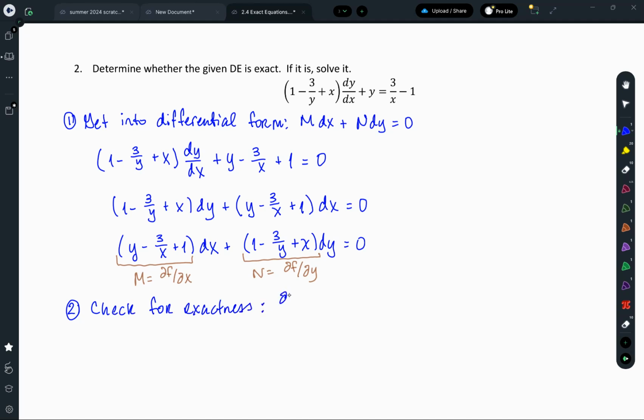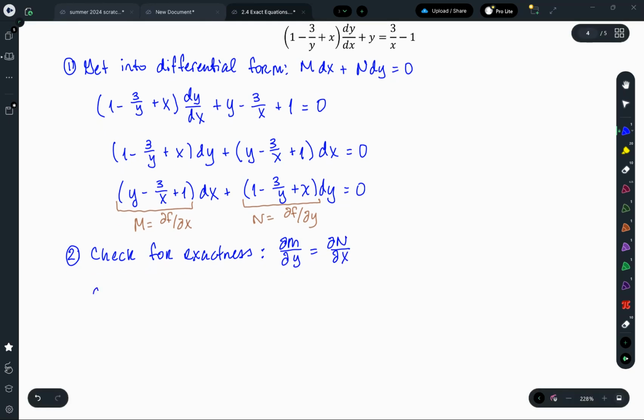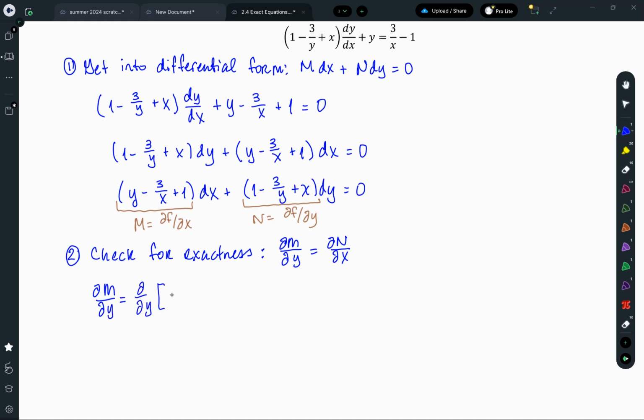That means we want to show that the partial derivative of M with respect to y is equal to the partial derivative of N with respect to x. So let's calculate those. Del M del y is equal to del y of (y minus 3 over x plus 1).